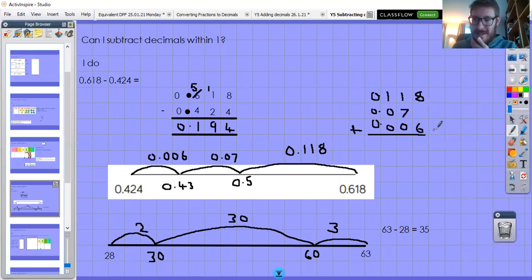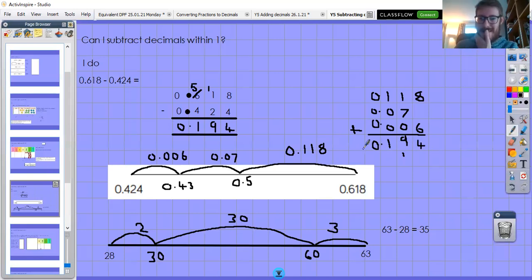So 8 and 6, 9, 10, 14. That took long, far too long. 7 and 1, 8, and then 9, and then 1 there, and 0.194. So we get the same answer.